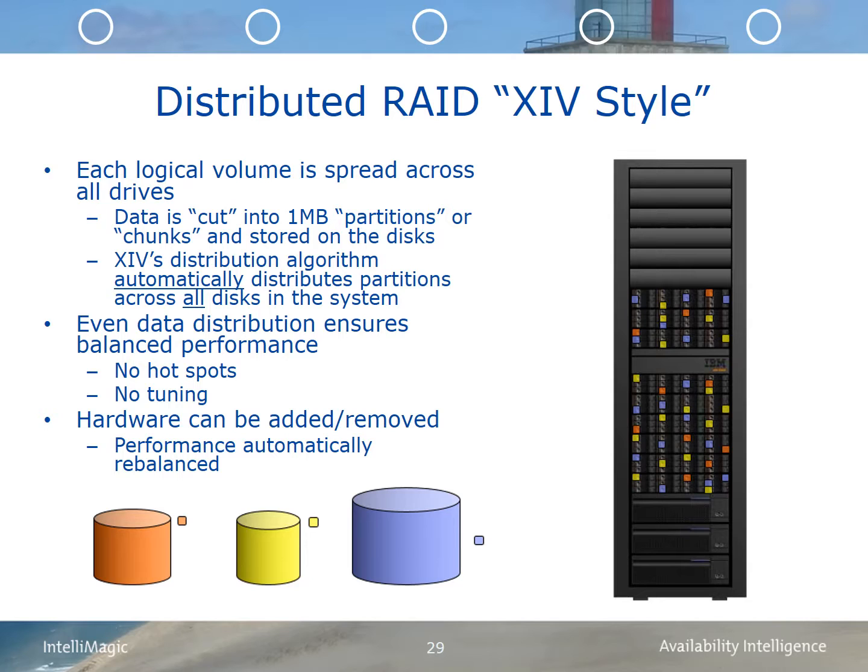This ensures that there are no hotspots, so there's no tuning required, and hardware can be added and removed dynamically. This ensures that you have a very highly available system. So when you have one or more disk drive failures, the parity and the data can be automatically calculated and redistributed across the existing disk drives, and it also ensures good performance.